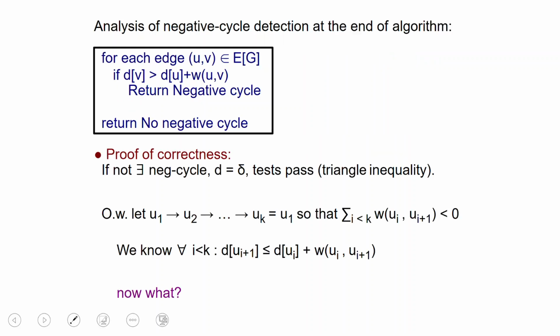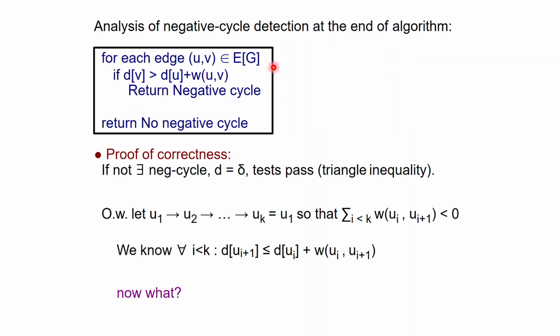The only other thing that requires some thought is the analysis of the negative weight cycle detection at the end of the algorithm. Remember that after we do all of our edge relaxations, we can check if there is a negative weight cycle in this way.